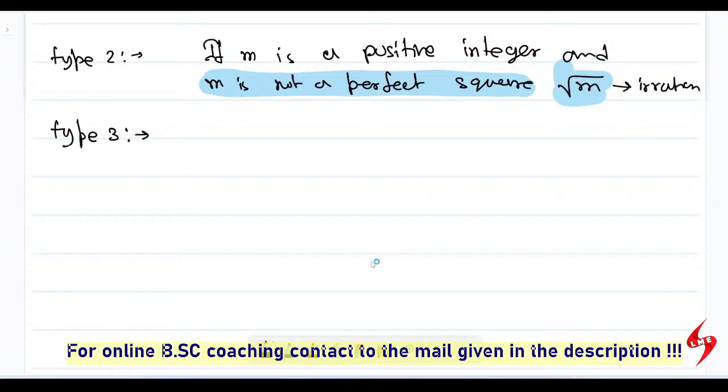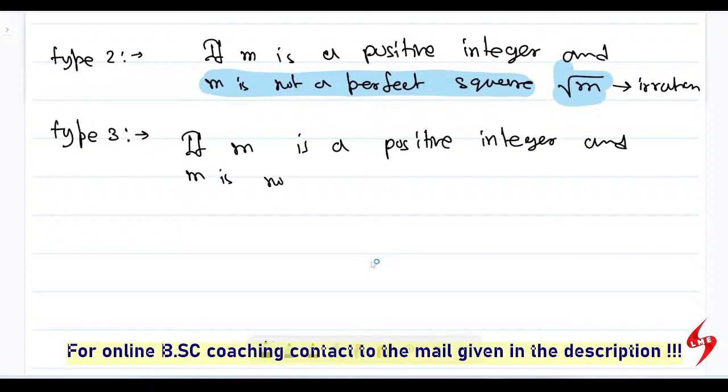If m is a positive integer and m is not a perfect cube, then cube root of m is irrational. Okay. I'm giving some examples here.